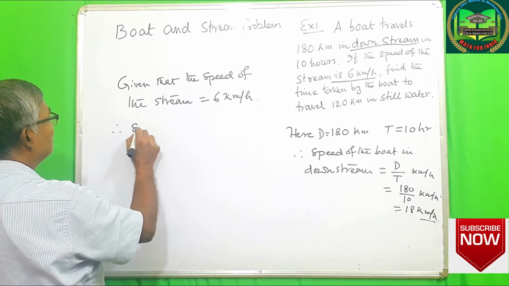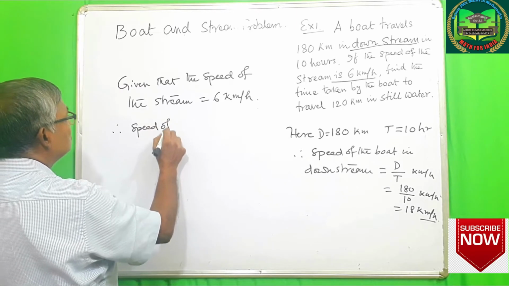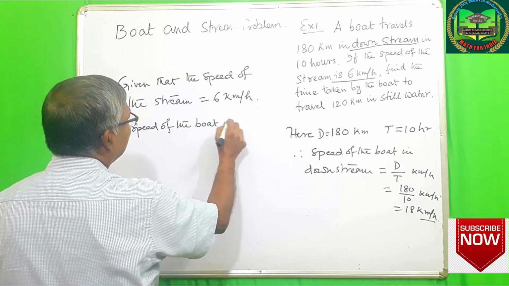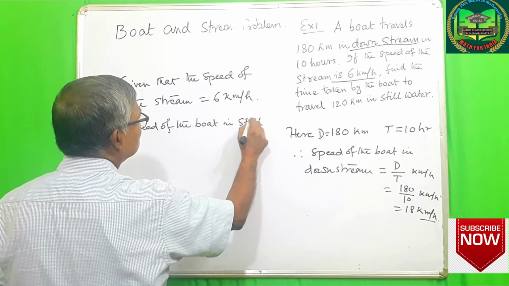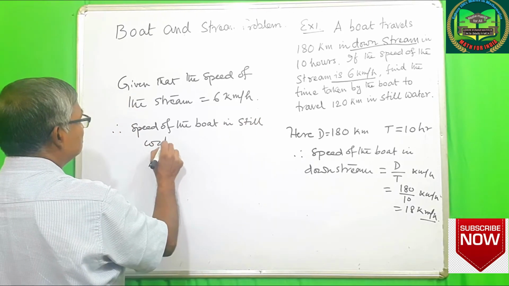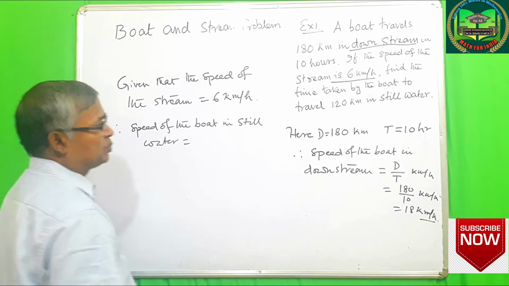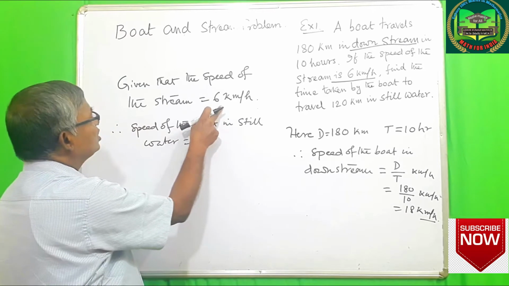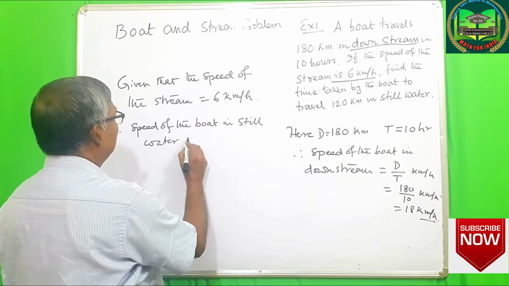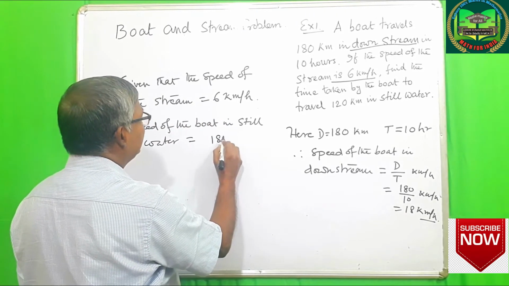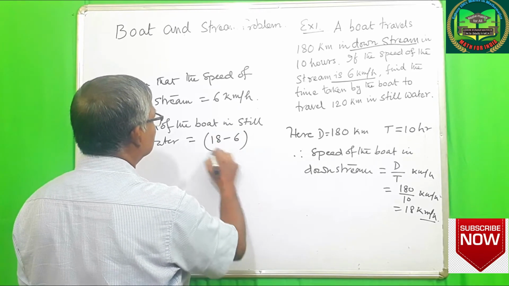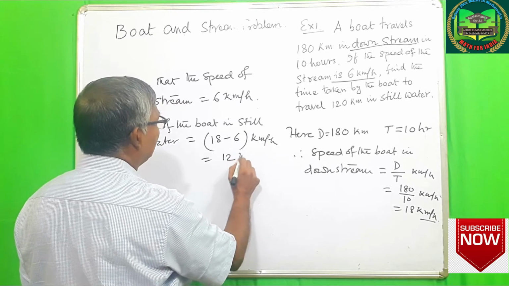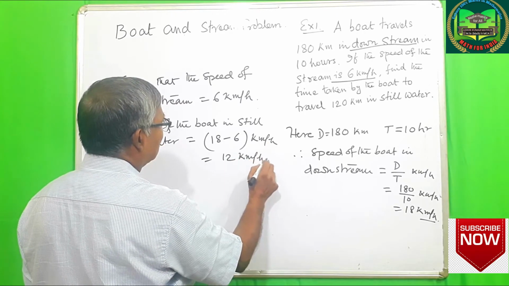Therefore, speed of the boat in still water equals speed of the boat in downstream minus speed of the stream, equals 18 minus 6 kilometer per hour, that is 12 kilometer per hour.